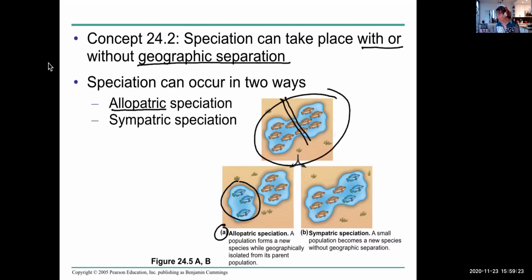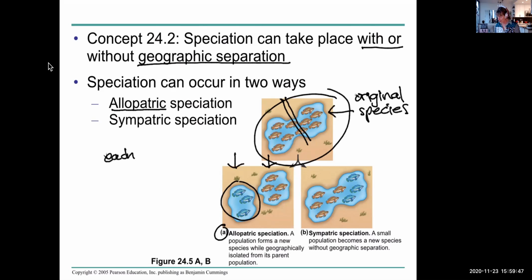Some kind of drying out episode separated this initial species of fish, the original species. The populations got separated, and each subpopulation now has a different gene pool.